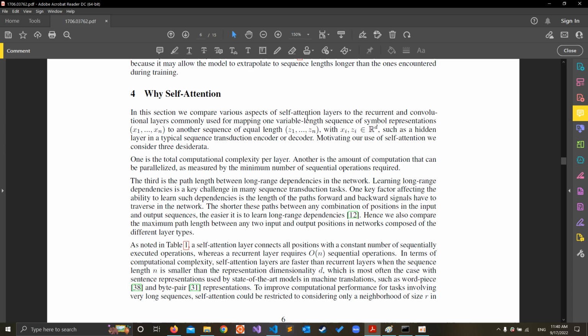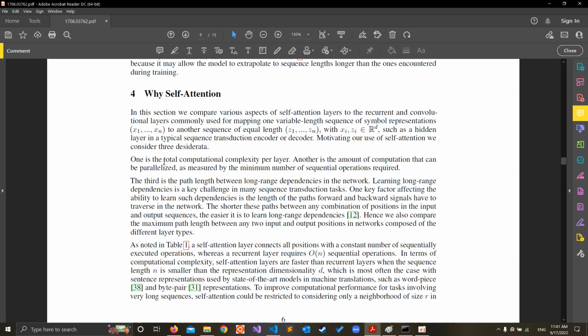Motivating our use of self-attention, we consider three criteria. One is the total computational complexity per layer. Another is the amount of computation that can be parallelized, as measured by the minimum number of sequential operations required. And the third is the path length between long-range dependencies in the network.